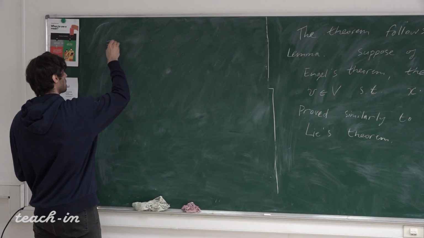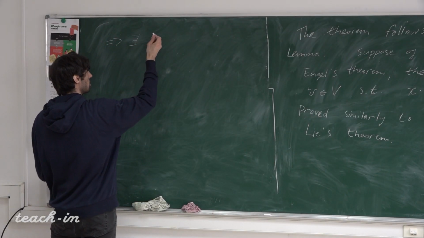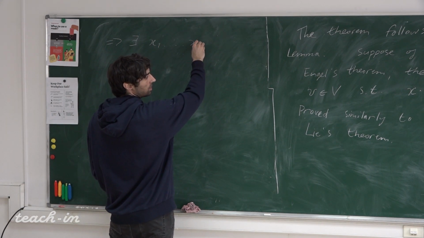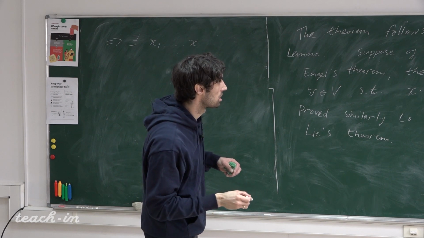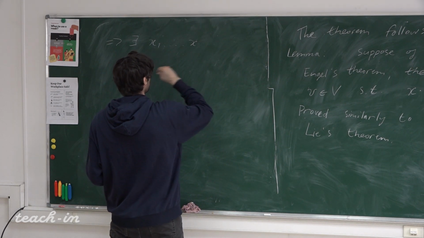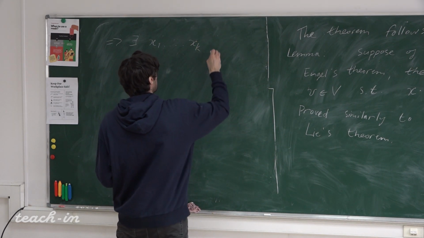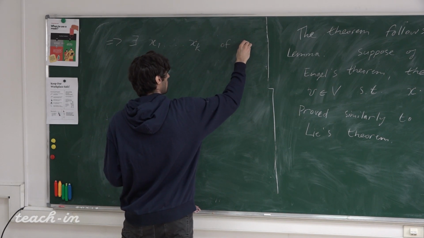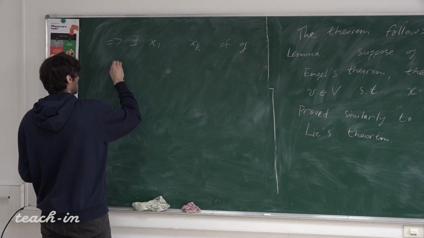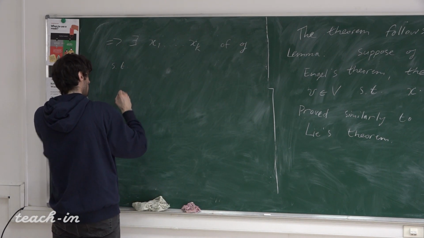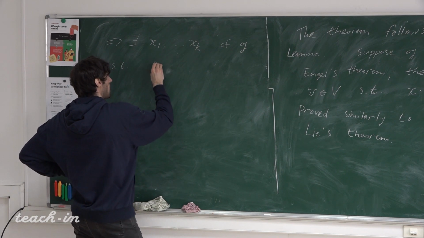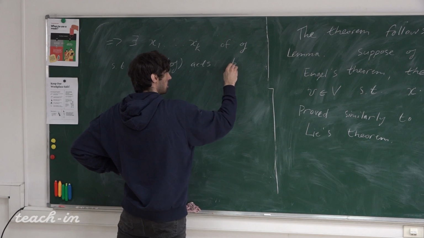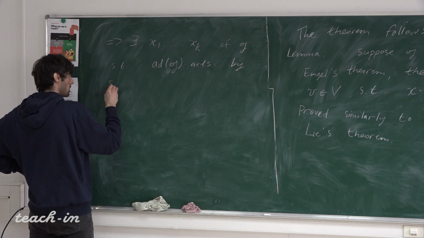So there exists a basis x1, ..., xk of g such that ad g acts by strictly upper triangular matrices.